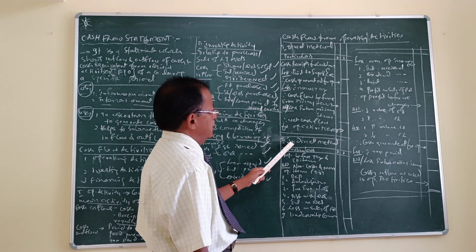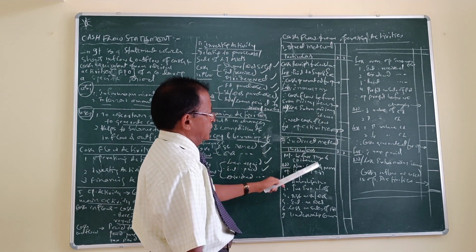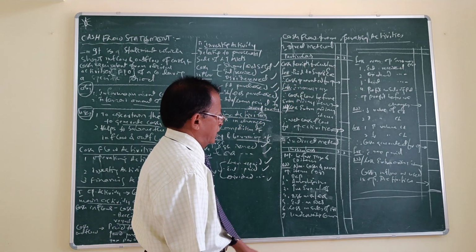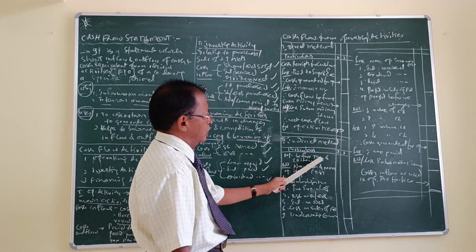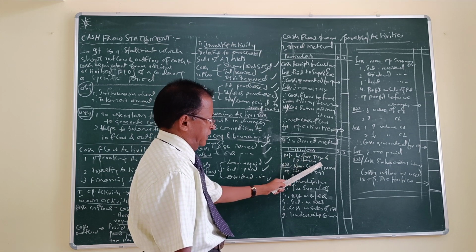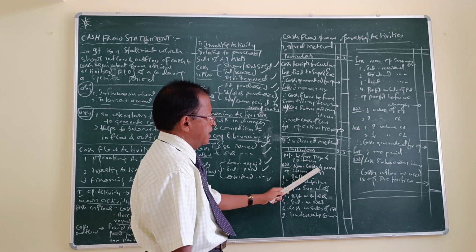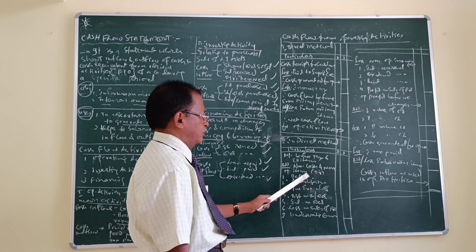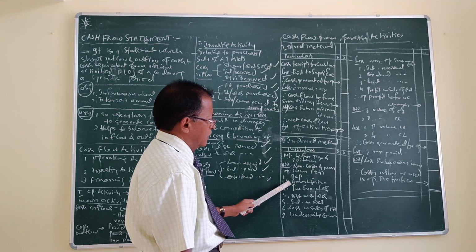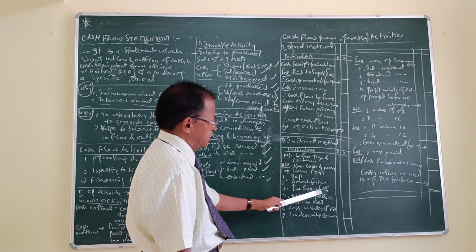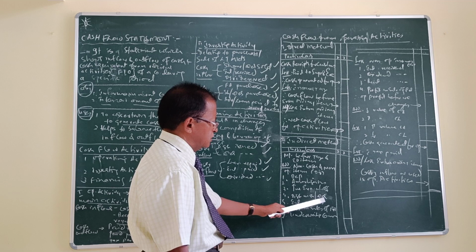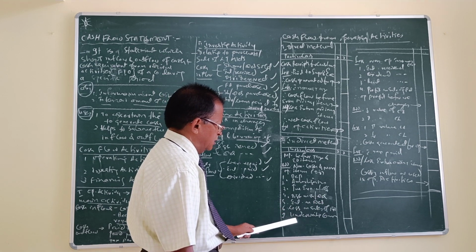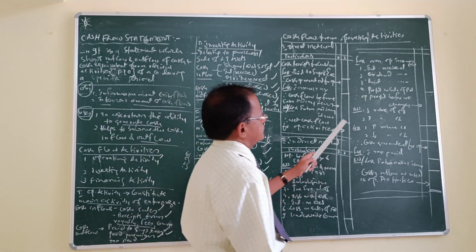Next, second, the indirect method. Under the indirect method, cash flow from operating activities is calculated as follows. Net profit before tax and extraordinary item, and add non-cash and non-operating items which are debited to profit and loss account, such as depreciation, amortization, preliminary expense written off, discount on issue of shares or debenture, interest on debenture, loss on sale of fixed asset, underwriting commission.